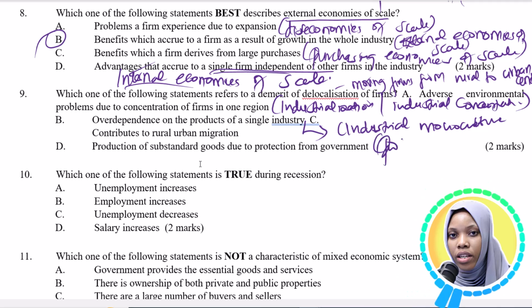This is protectionism. So our best choice that is a demerit of delocalization is choice C, which contributes to rural-urban migration. That is because the companies have moved from rural to urban centers, then the people are also going to move from the rural areas to the urban centers.